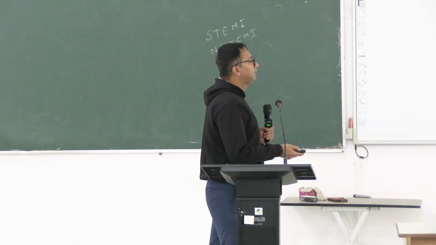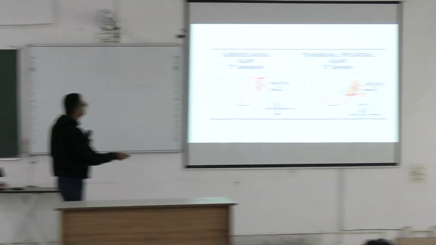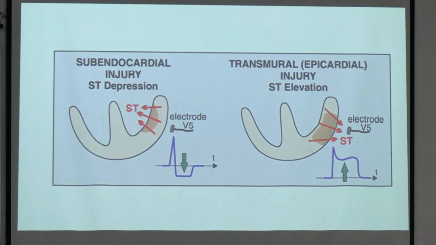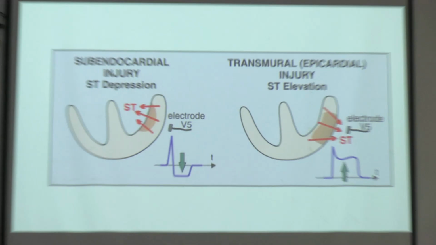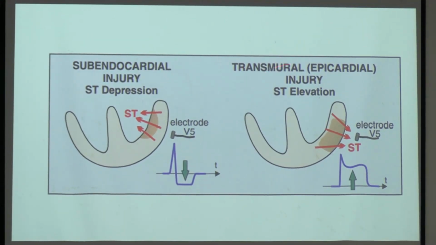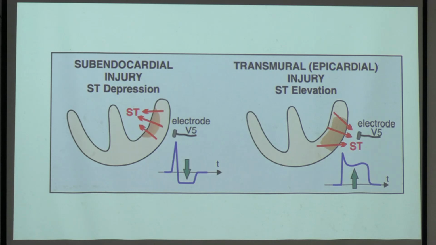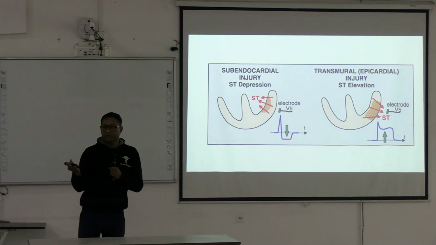Okay. Now, if it happens, see this. We divide myocardial injury into transmural injury, that is the whole thickness. So we have taken a part of the left ventricle, a free wall of the left ventricle, and the reddish area is ischemic.